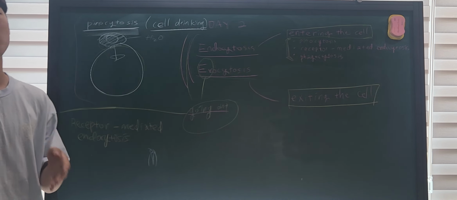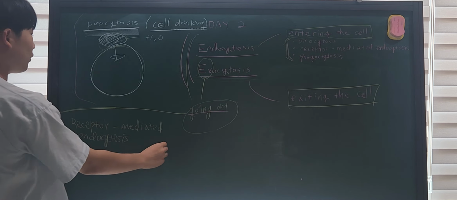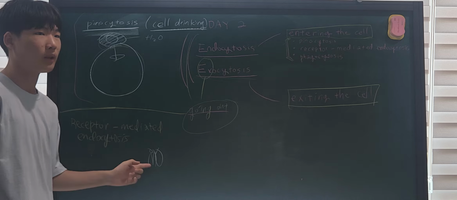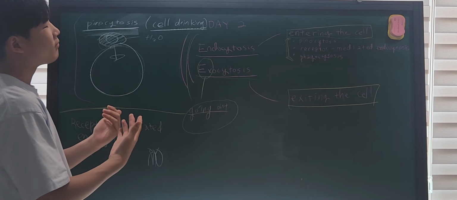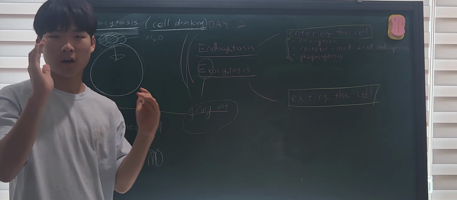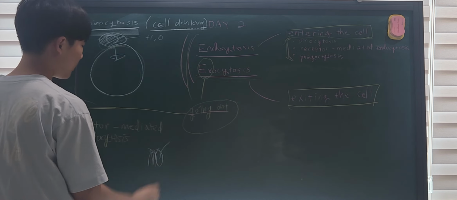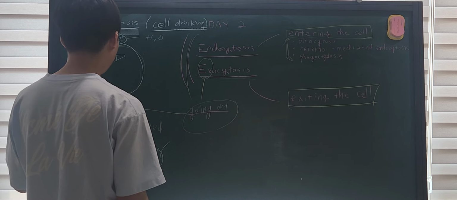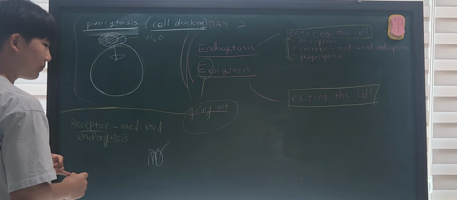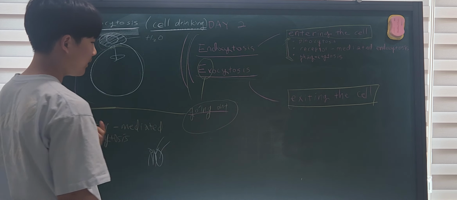We only learned about transport proteins, but there are also receptor proteins that bind with the substances outside the cell and determine whether or not it should be absorbed. So this receptor protein determines what should enter the cell.